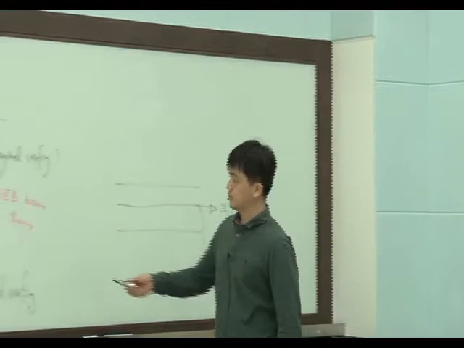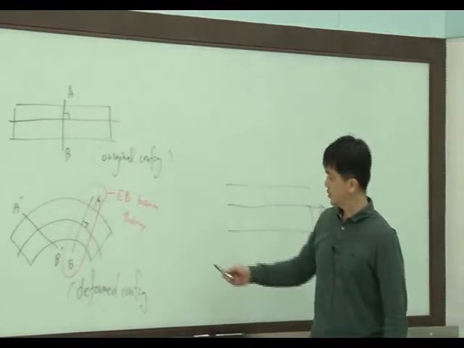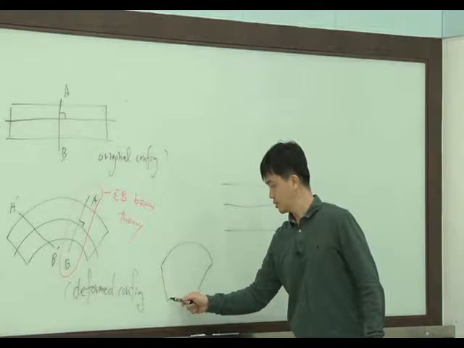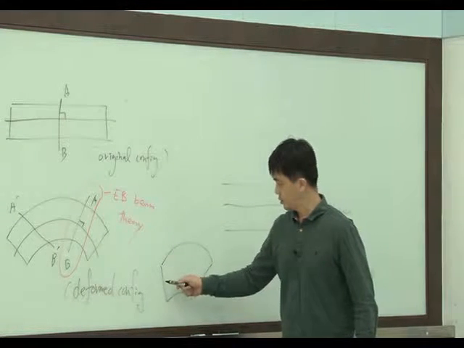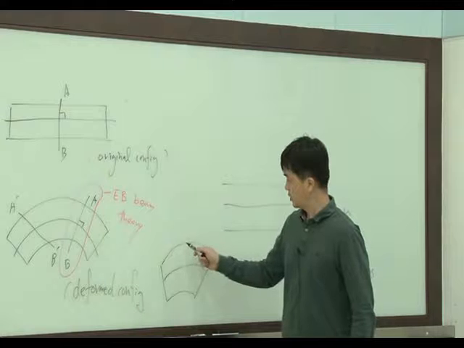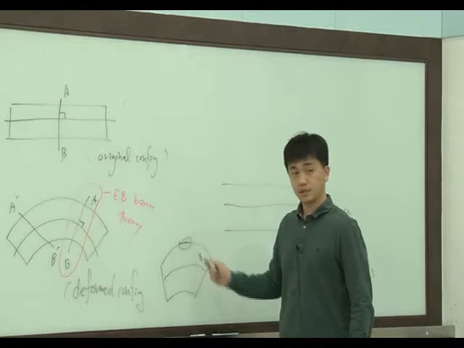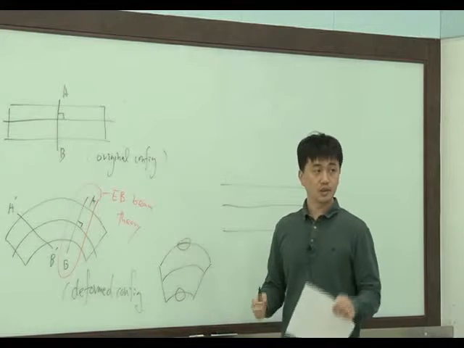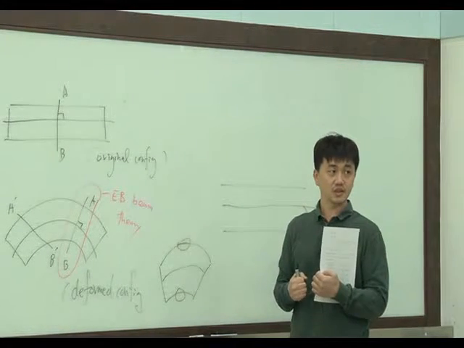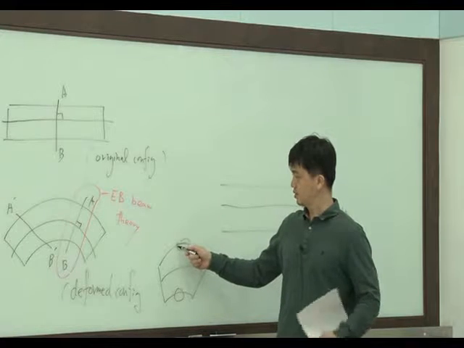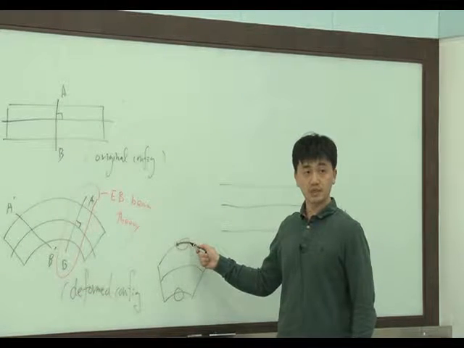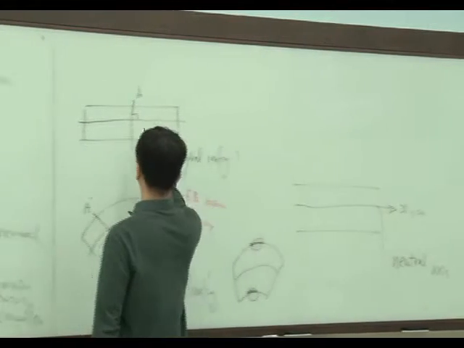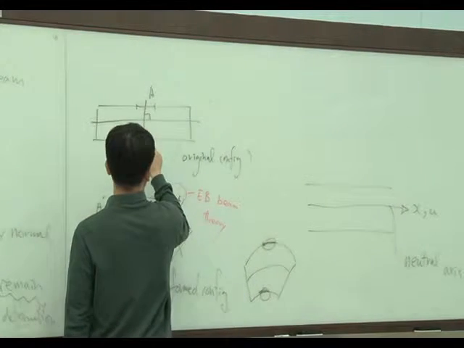So let's consider this bending deformation. How about here? This fiber is stretched. This fiber is compressed, right? Tension and compression. So the length of the fiber increases, the length of the fiber decreases, compared with the original length of the fiber, right?